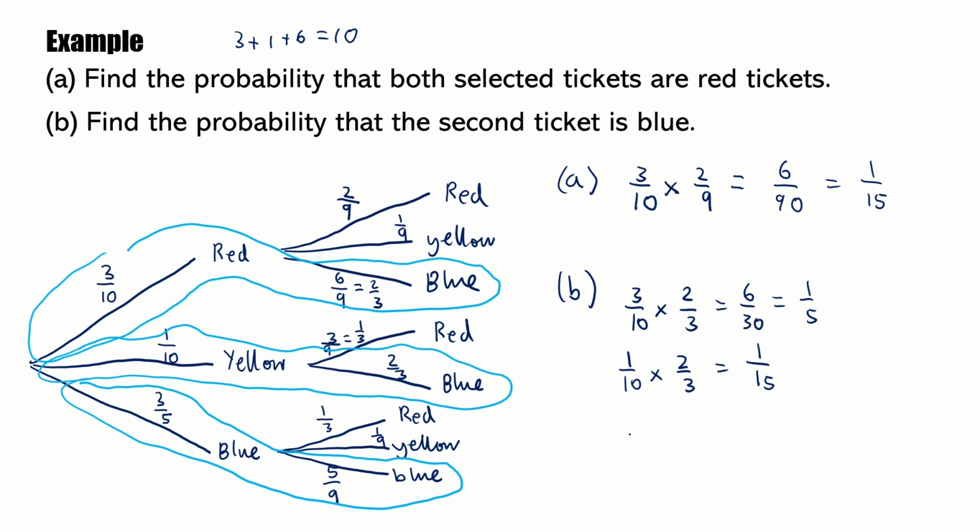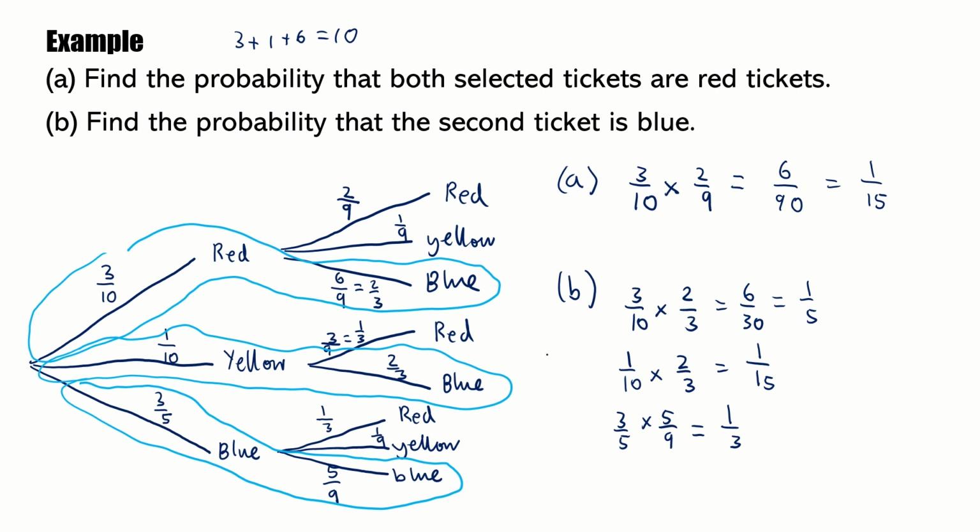And then lastly, we have got the blue followed by a second blue. So therefore we're multiplying because we're doing one branch followed by another. And therefore that would be, quite a nice one actually, it's just 1/3. So that's what the probabilities are for those individual routes through the tree diagram.